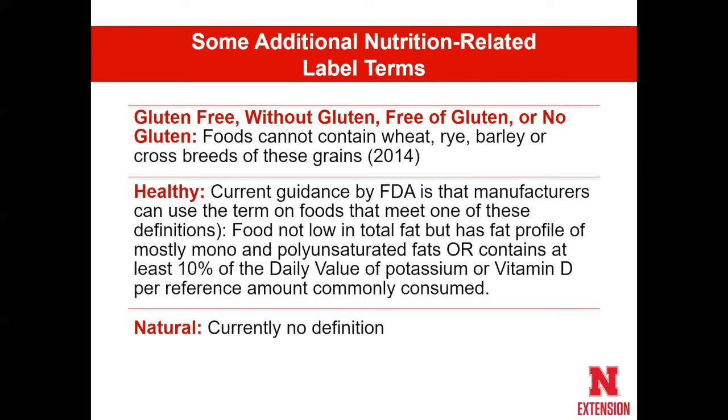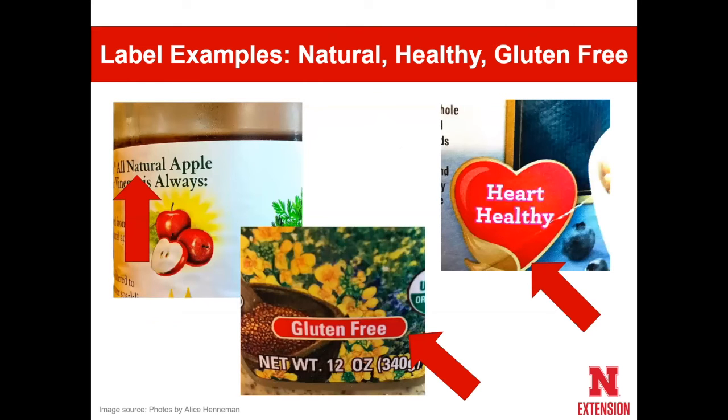Another term that you may see on food labels that currently has no definition, though, is natural. So you may see it on a food product, but from a government standpoint, there's not a legal definition for that label. So as examples, you can see on the first one, it says all natural apple vinegar.